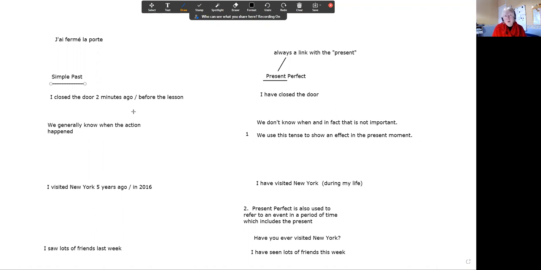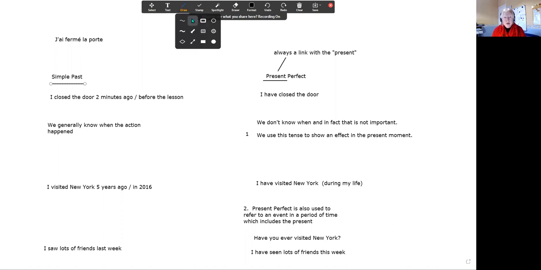In fact, we always understand when it happened, and generally we explicitly say somehow or other, or it is understood in the context. When it's a period of time, if that period of time is finished, then we must use the simple past. If that period of time includes the present moment, we use the present perfect.